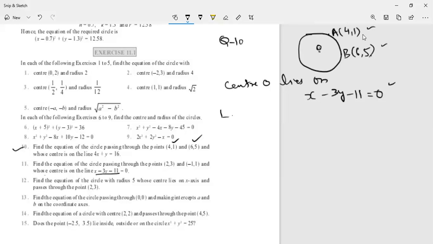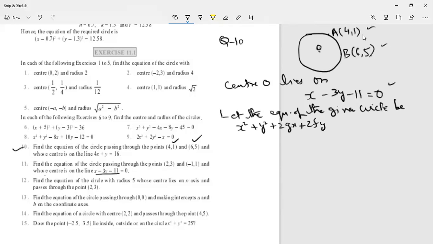Let the equation of the given circle be x square plus y square plus 2gx plus 2fy plus c is equal to 0. Okay, this is equation number 1.